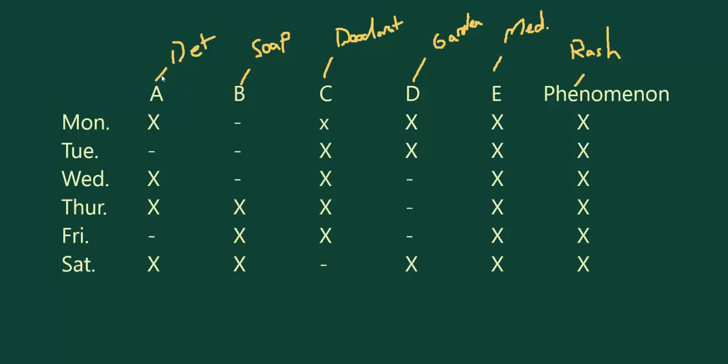And you think, well, these all seem like the likely causes of having this rash. And so you chart out, you think about when all of these occurred and when the phenomenon occurred. And you're asking yourself, well, what is the cause of this phenomenon? The first thing to ask yourself, given this chart, is what kind of method are we employing? Is this a method of agreement? Is this a method of difference? Or is this the joint method?